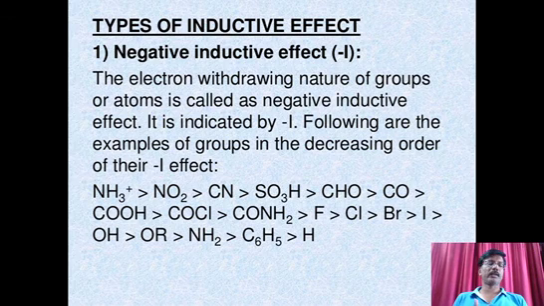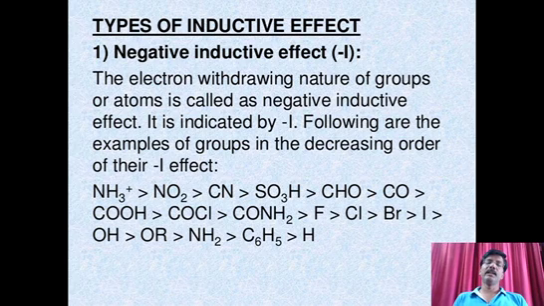Nitrogens are more electronegative, therefore they exhibit a strong minus I effect. They attract the electron pair, the sigma electrons, very strongly towards them. Cyanide, again due to the nature of nitrogen. Then sulfonic acid, sulfur also attracts the electron pair. CHO, CO, COOH, COCl, CONH2.